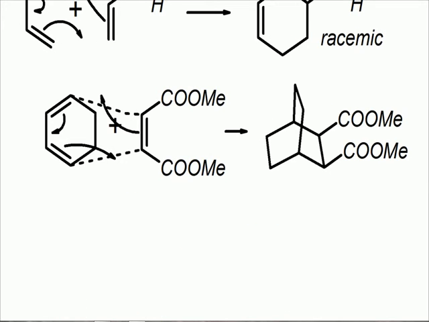Last example here, we are going to take this and let's put a methyl group on the back end right there. And we're going to subject it to, this time, an alkyne.